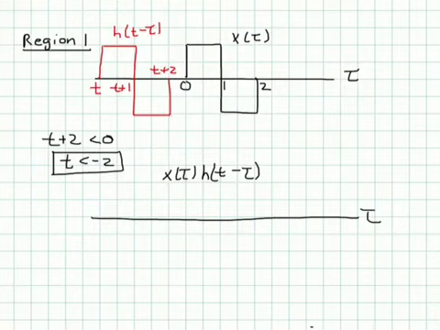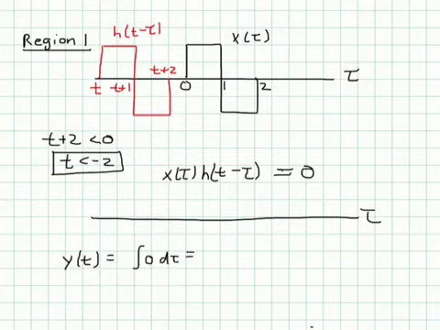So this will be 0 everywhere, and in this region y of t is the integral of 0, or 0. So in this region, the output is equal to 0. That's pretty easy to figure out.